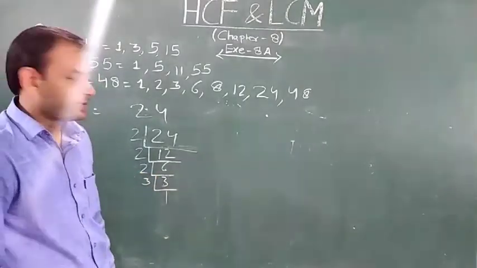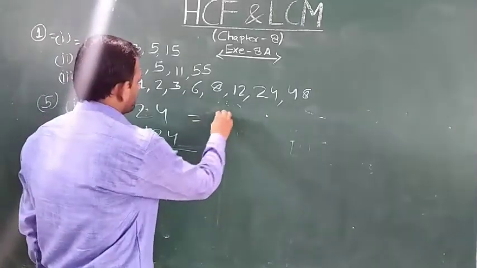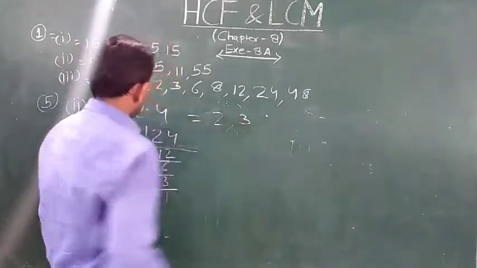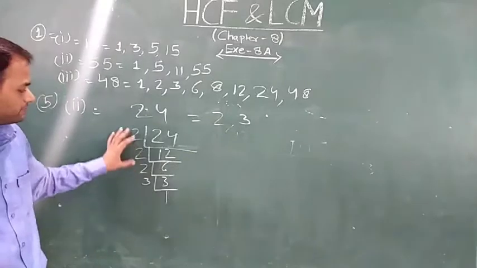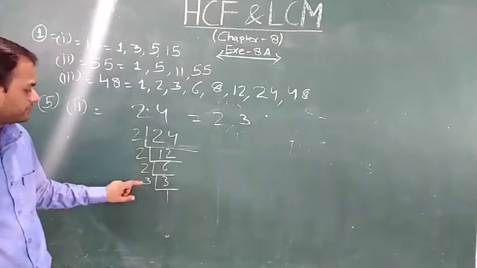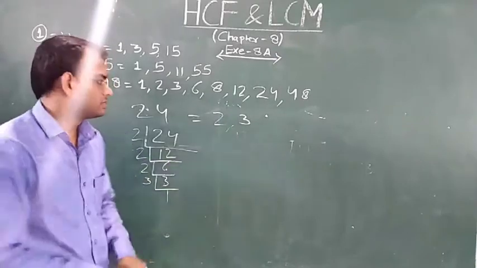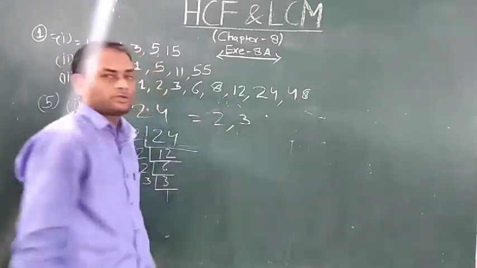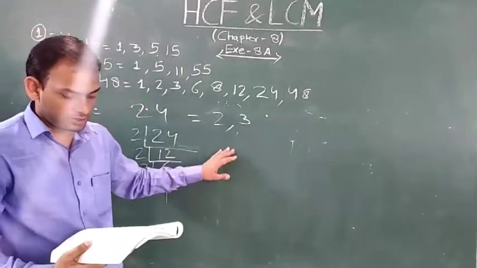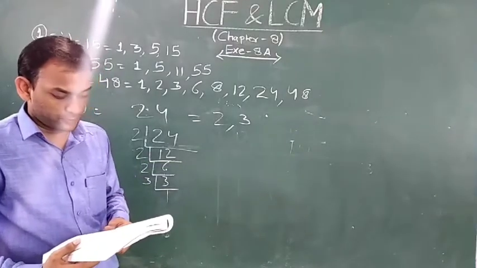So the prime factors of 24 are 2 and 3. You can see only two types of prime numbers are there, 2 and 3.